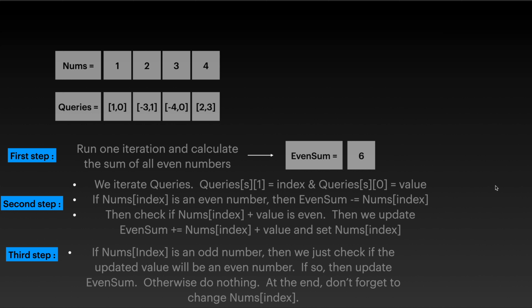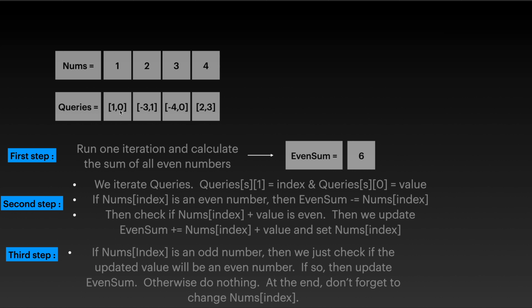And then the second step is we will be iterating our queries array like this one. The first entry is the value that we have to update. The second entry is the index that we have to look at in our nums array. So in this case, let's say queries of 0 will be 1, 0.